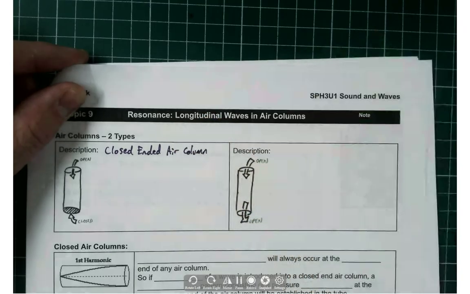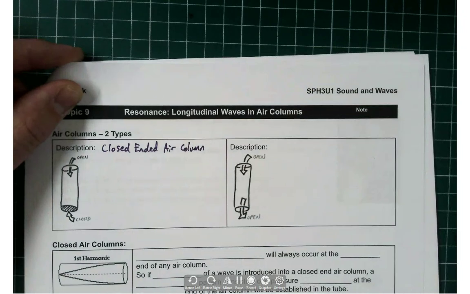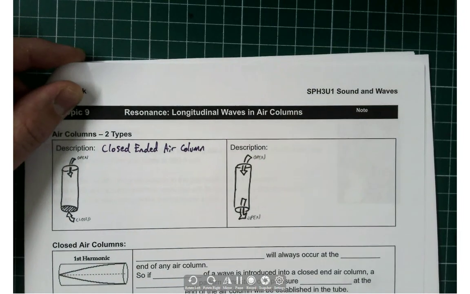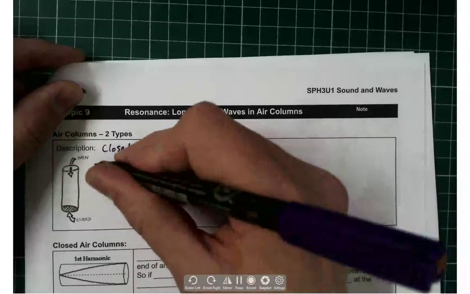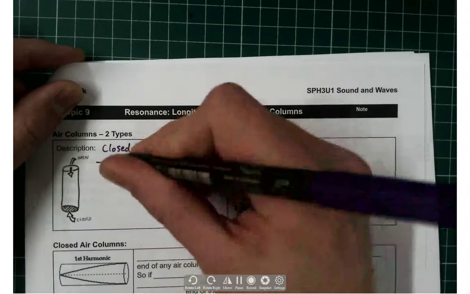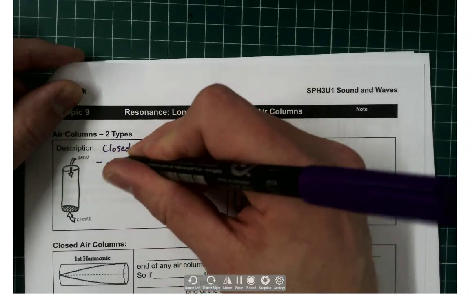My good friend, another physics teacher, calls it an open-closed, and I think you see where the name would come from. So this is closed-ended because it's open at one end and closed at the other.